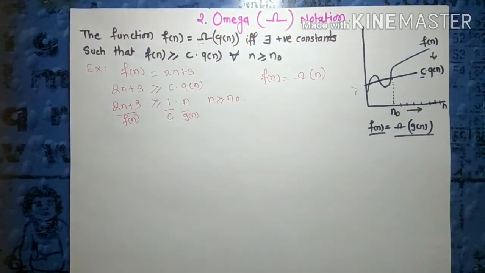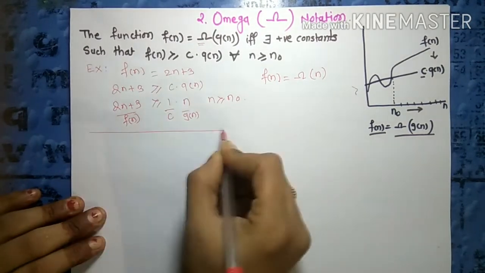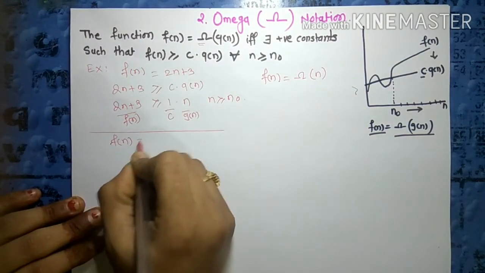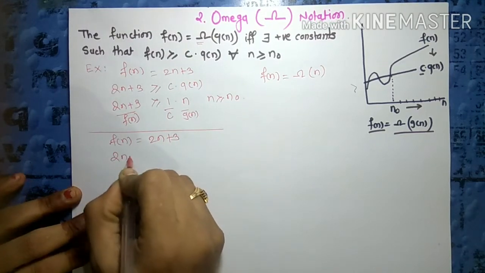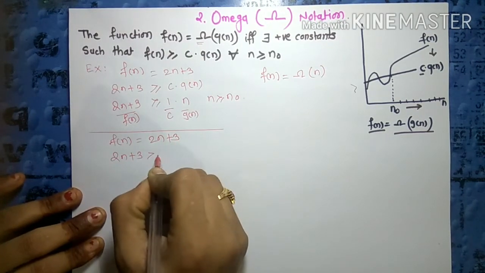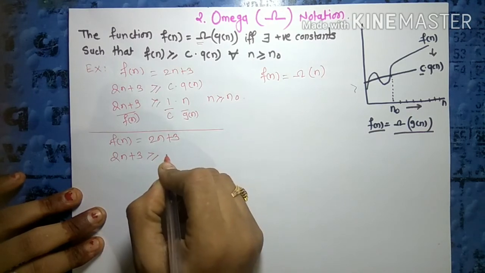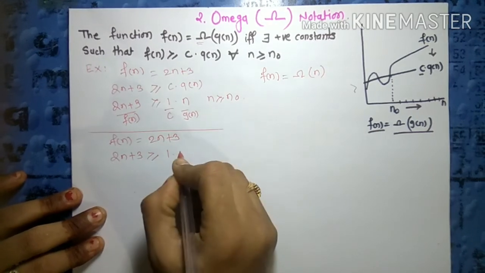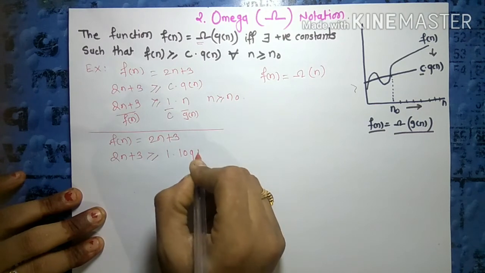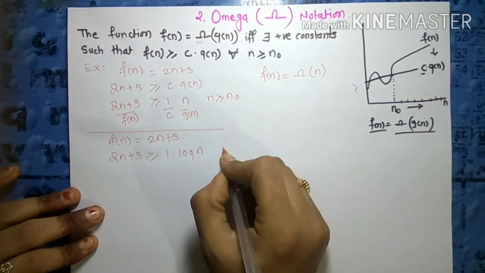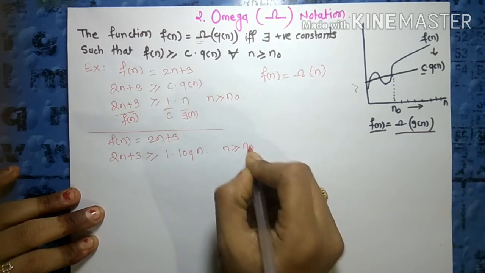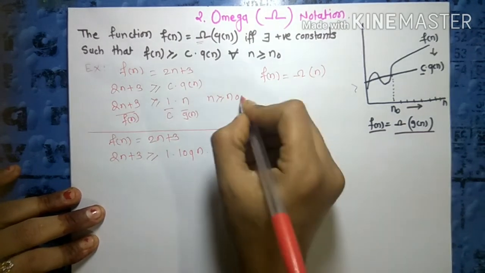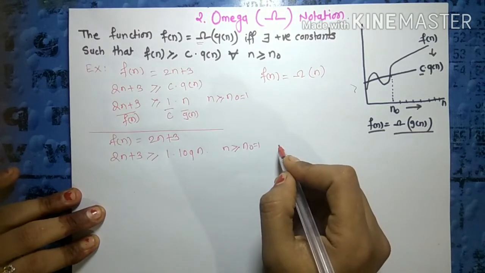So for the second example, let's again take f of n as 2n plus 3. How do we have to make it bigger? If we take the value of g of n as log n here, then it will be true for all n0. n0 is equal to 1 here, and here is also n0 equal to 1.